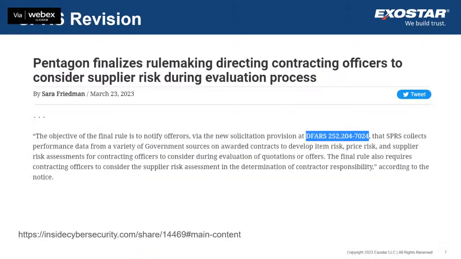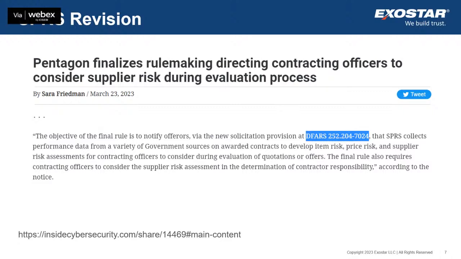Now, I did mention that the latest DFARS clause that has been put out there is DFARS 252.204-7024. As I mentioned before, this directs contracting officers to consider the supplier risk when they evaluate the overall bids for Department of Defense contracts.